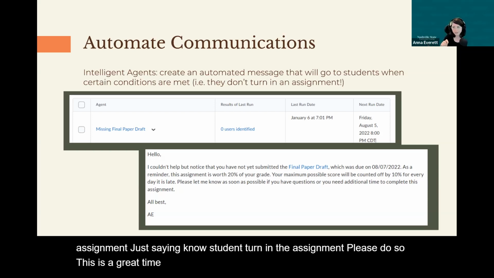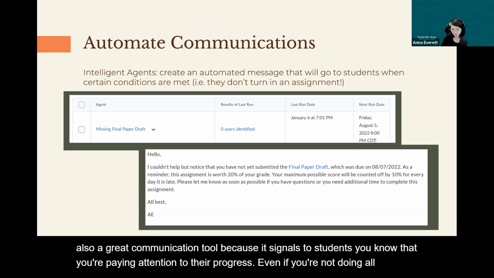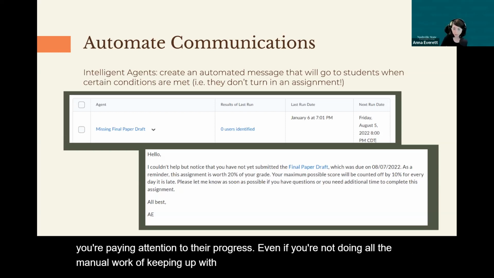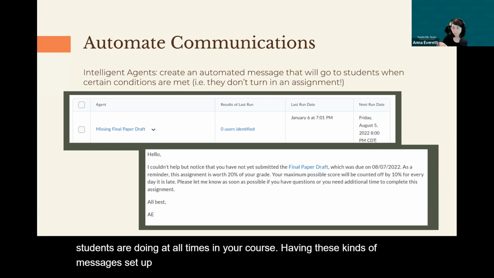And it's also a great communication tool because it signals to students that you're paying attention to their progress, even if you're not doing all the manual work of keeping up with what all students are doing at all times in your course. Just having these messages set up can start a conversation with students who are maybe struggling or need a little bit more attention.